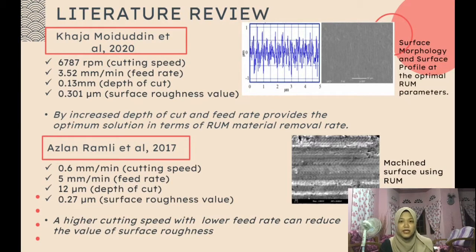The surface finish between ultrasonic machining and conventional machining was observed. Researchers found that a higher cutting speed with lower feed rate can reduce the value of surface roughness. Here I also include a picture of the machined surface using RUM that has been done by these researchers.